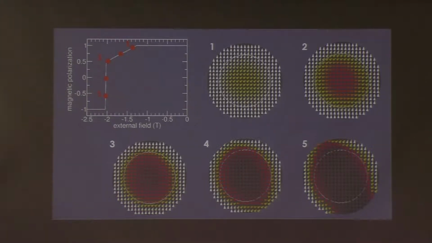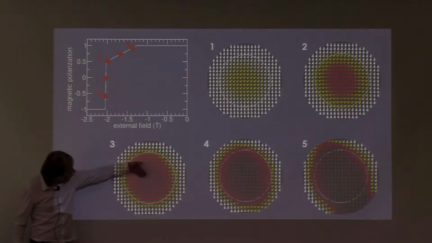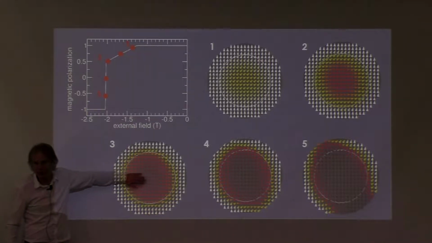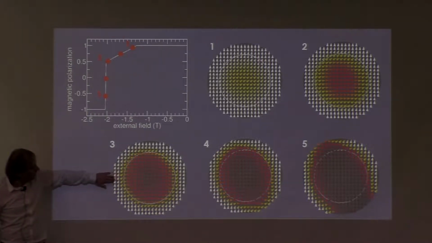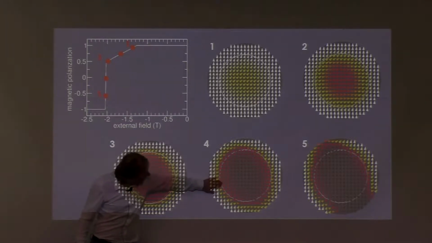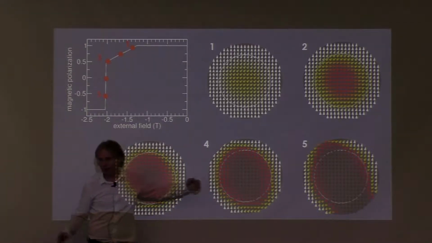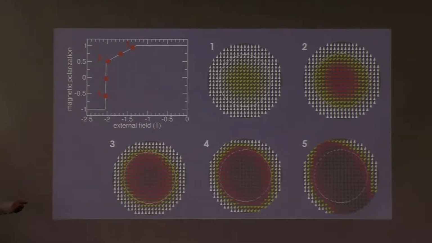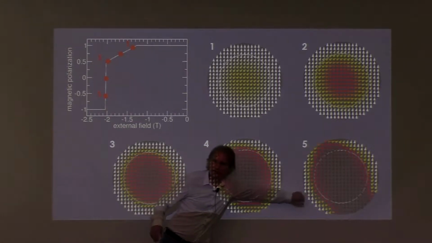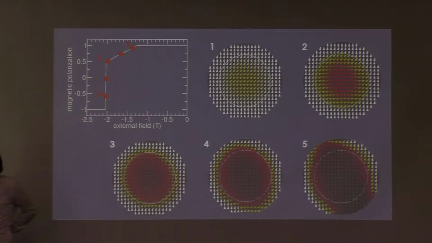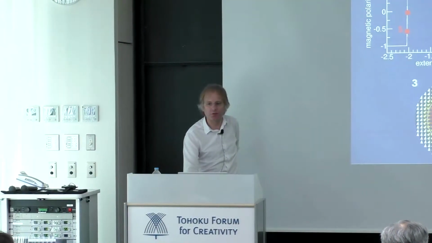We see that first the magnetization starts to rotate in the soft magnetic core, and it almost reverses completely, and then a kind of domain wall forms between the core and the hard magnetic shell. At some stage, the energy in this domain wall becomes just too high, and we can minimize the energy by also reversing the hard magnetic shell around the soft magnetic core.